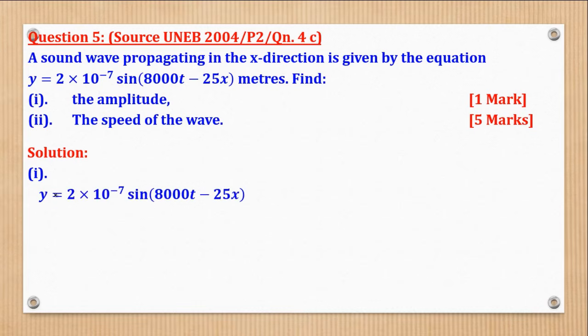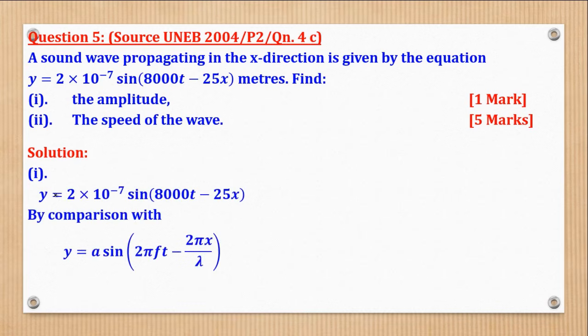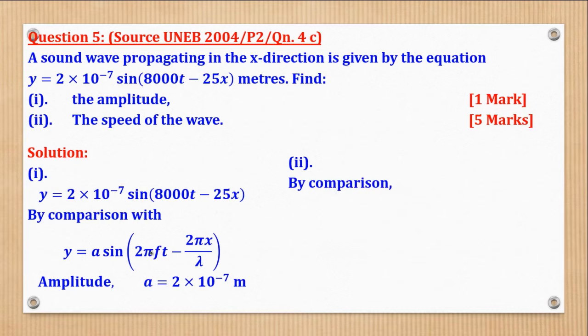So this is what is given. Then I'll compare it with the general equation which is in that form. Now I compare, realize that this A is equal to this. So amplitude, I've already got the amplitude. Then for Roman 2, they want the speed. So I have to first get the frequency.